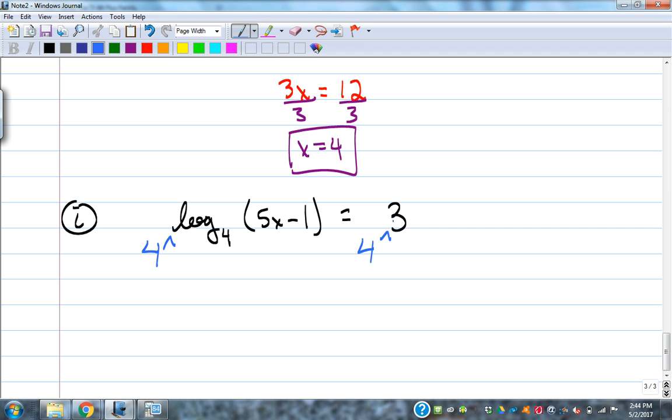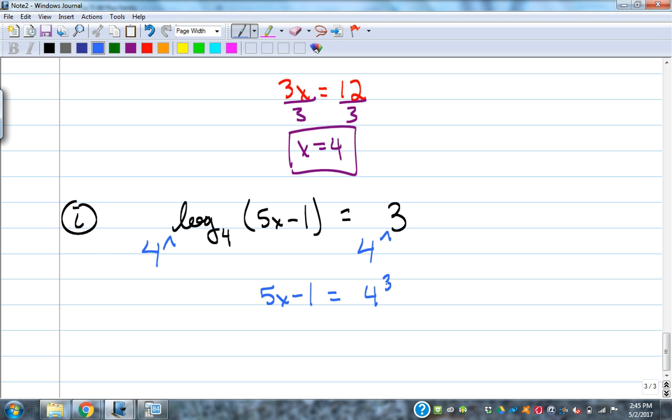This little symbol here, I don't know if I explained that earlier, is just the caret symbol, meaning this is now an exponent. So over here it's 4 to the 3rd power, which is just a number: 4 times 4 times 4. Over here, the log cancels out, and I've just got 5x minus 1 equals 4 to the 3rd power.